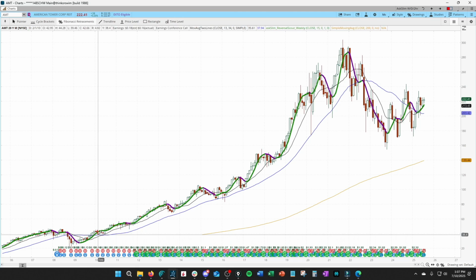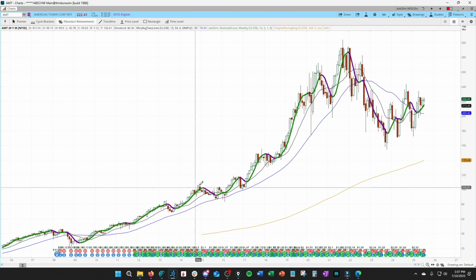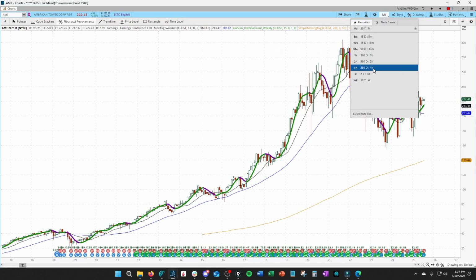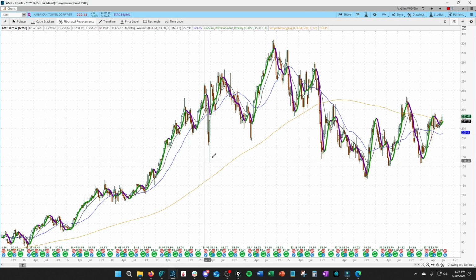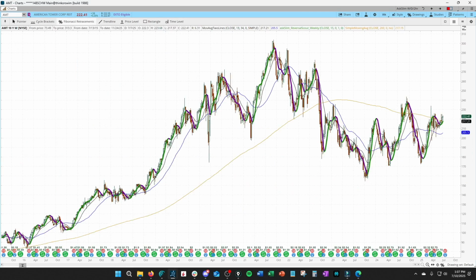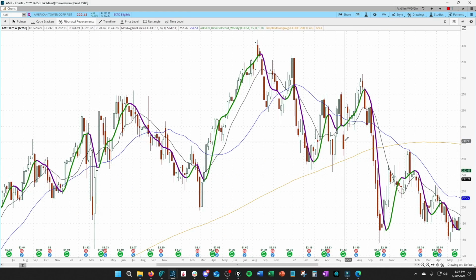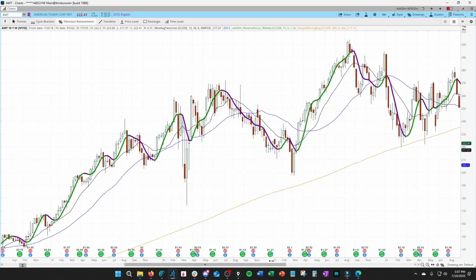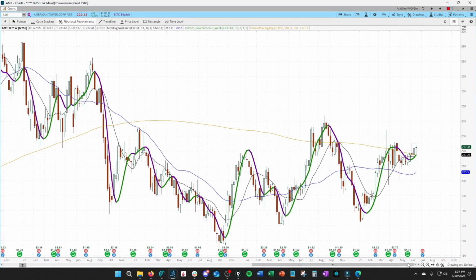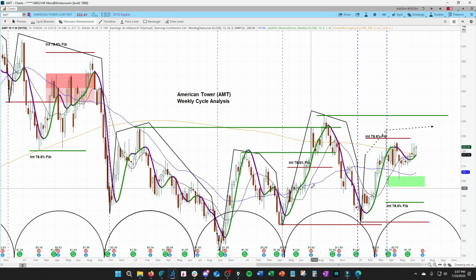Owned it a few times during this period, but 30 something all the way up to 300, and this has had splits along the way. So just absolutely amazing. Where was it splitting? I thought it split here. Maybe it didn't split. In any event, this is AMT.